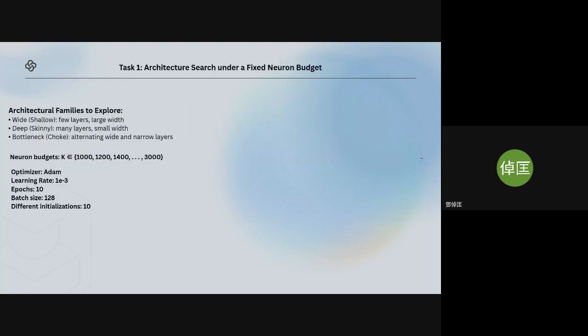Yeah, and so the main objective of task one was to essentially research the different architectural families. The first one was wide, then deep, and then the bottleneck. We had to test different neuron budgets from 1,000 to 3,000 in steps of 200.